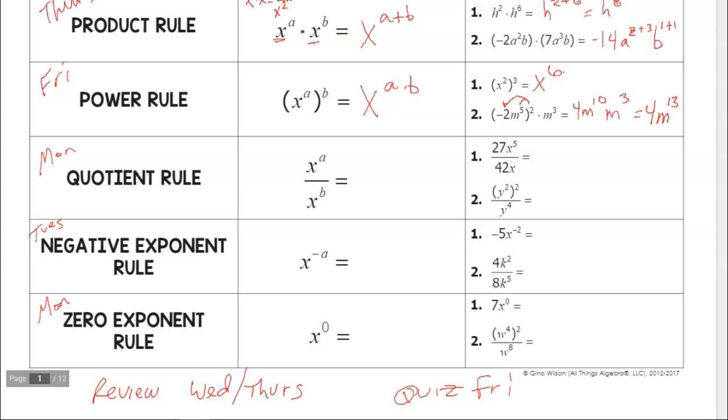So when we have our quotient rule and these match, we subtract them. So yet again, another one where it doesn't seem like you would subtract those, but that's what ends up happening. So what we have here is 27 and 42.